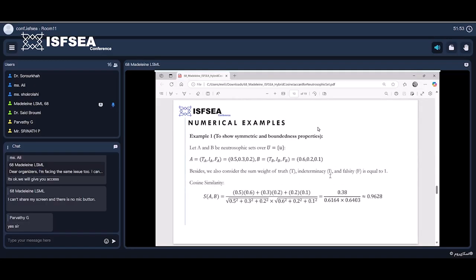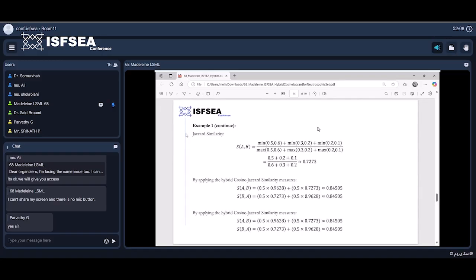So these are my numerical examples to show the symmetry and boundedness properties, where I have the calculation for the classical cosine similarity first, all right? And then we have the classical Jaccard similarity. Then we are going to have the hybrid cosine-Jaccard similarity measure.